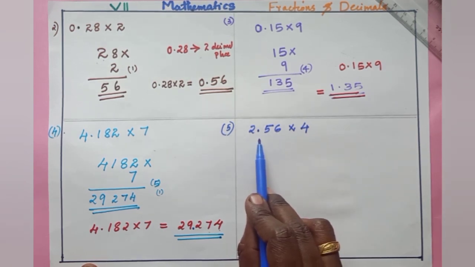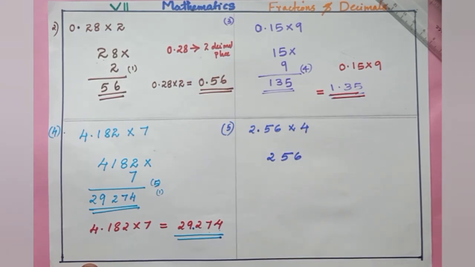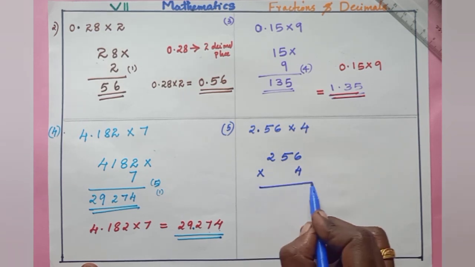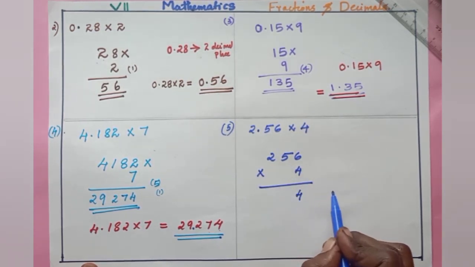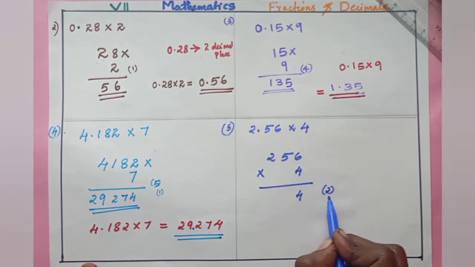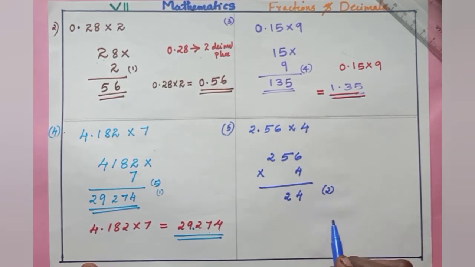Ignoring the decimal point, we get the whole number 256. Then multiply by 4. 6 4s are 24, 2 balance. 5 4s are 20 plus this 2, 22, 2 balance.